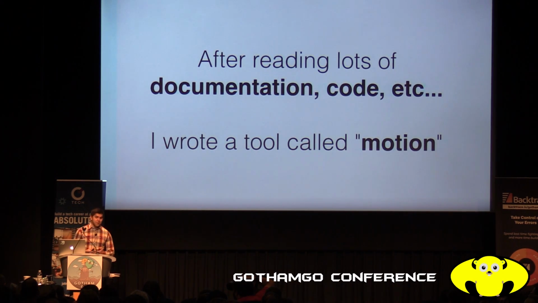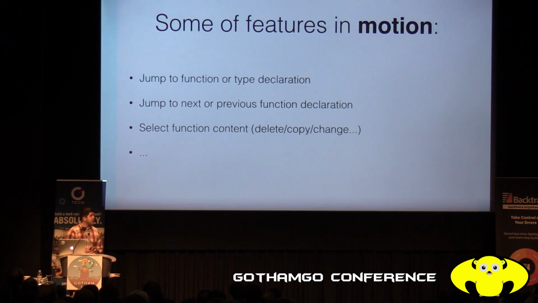After reading lots of documentation and code, I wrote a tool called Motion that is right now used inside Vim. This tool has a couple of features that I always wanted. You can, for example, jump to a function or type declaration, or jump to the next function.